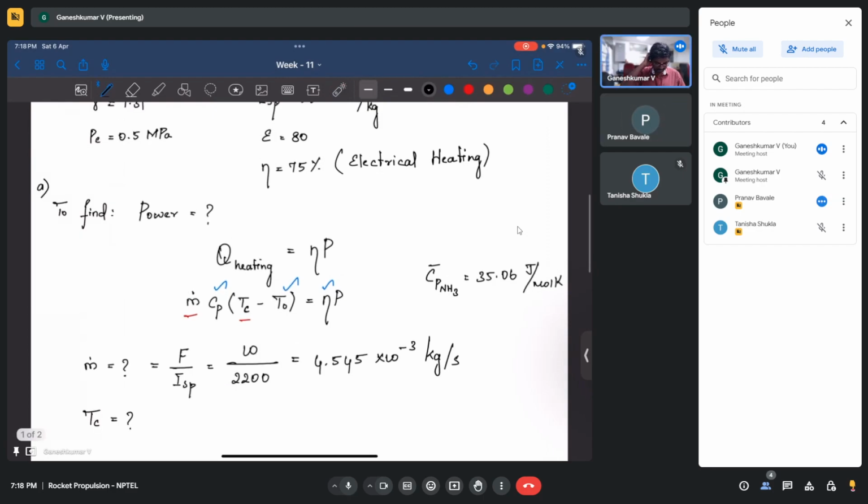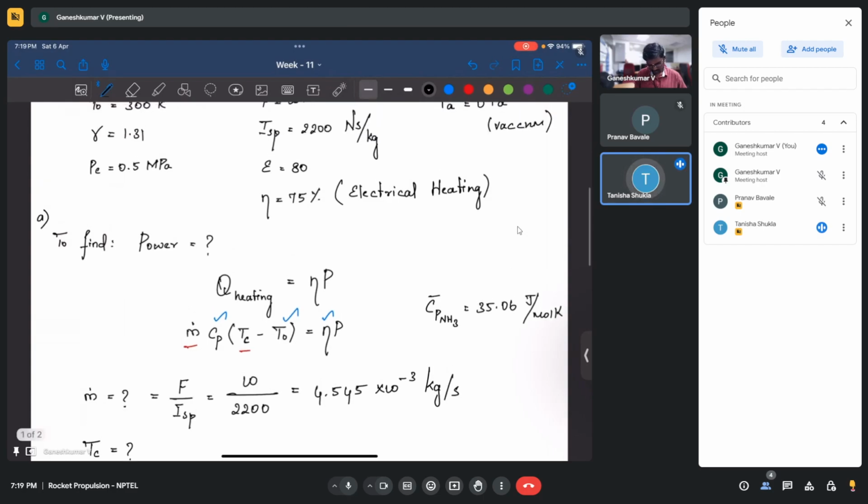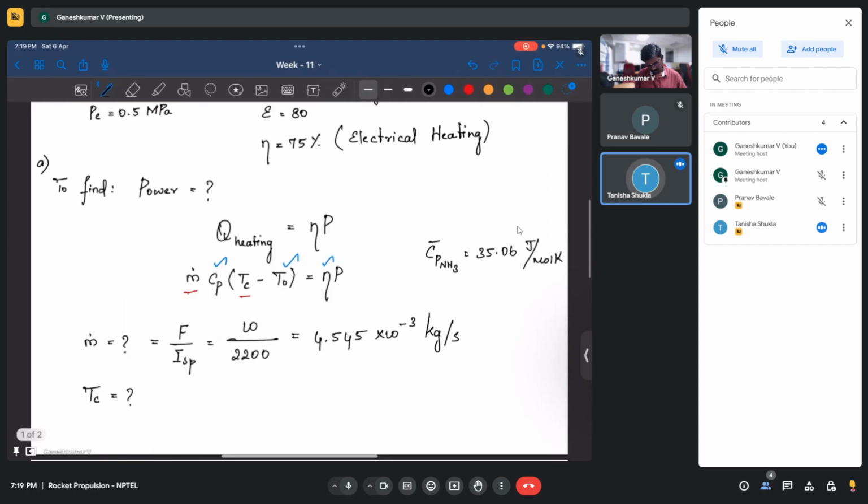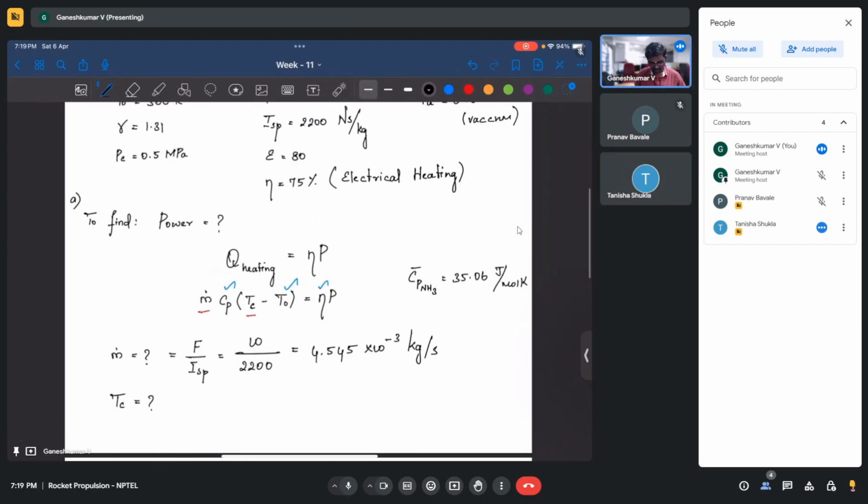But the question still remains: what is the Tc, right? Sir, either we can find the value of Mach number, then we can use the formula Tc by T equal to 1 plus gamma minus 1 by 2 into Mach number squared. Yeah, that we can do. But to find Mach number, we need to. What do we need?